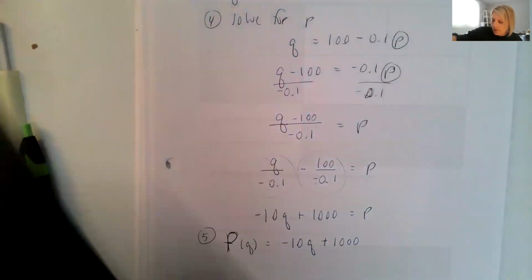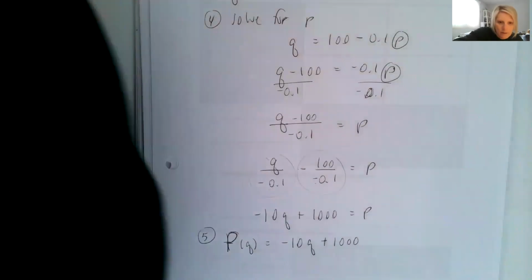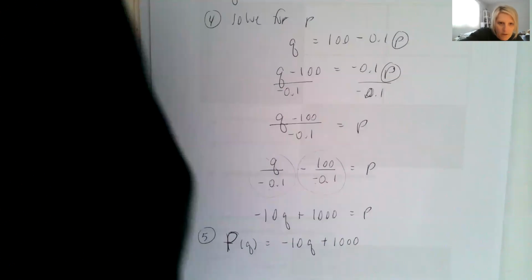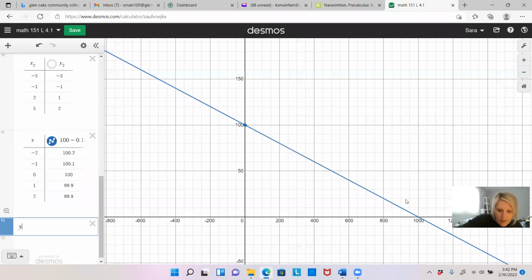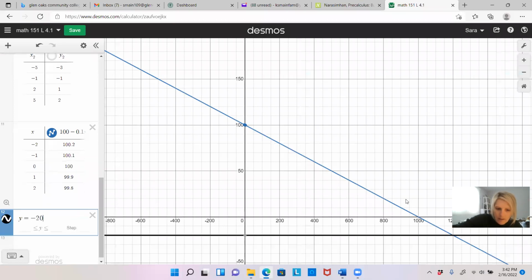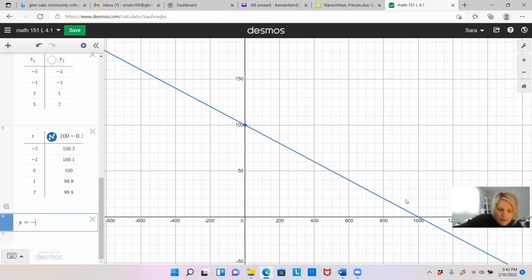So we can go and put this function now into Desmos and see what it looks like. So we can do y equals negative 10x plus 1,000.